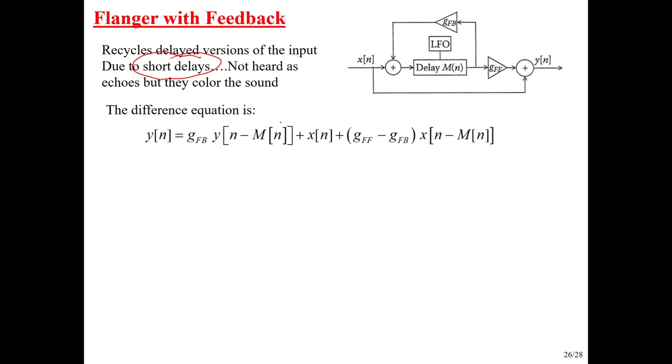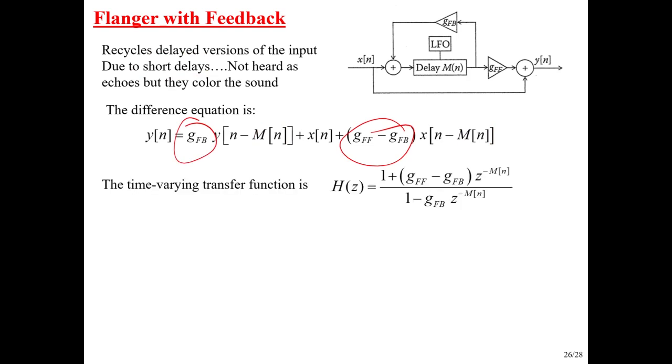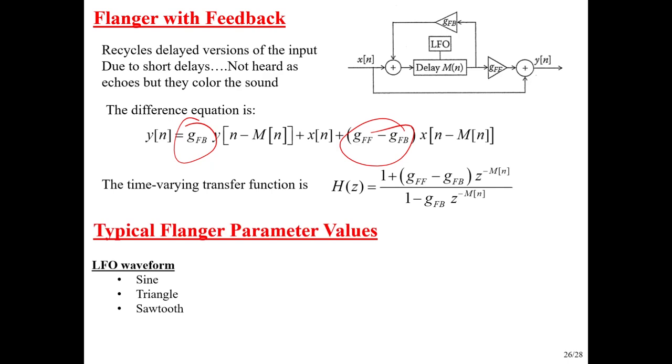And again, you could explore this for various fixed values of the delay just to see what this thing is going to look like. And you can play around with different values of those feedforward and feedback. And there's the transfer function if you want to look at that. So, like I said, we are typically using short delays.